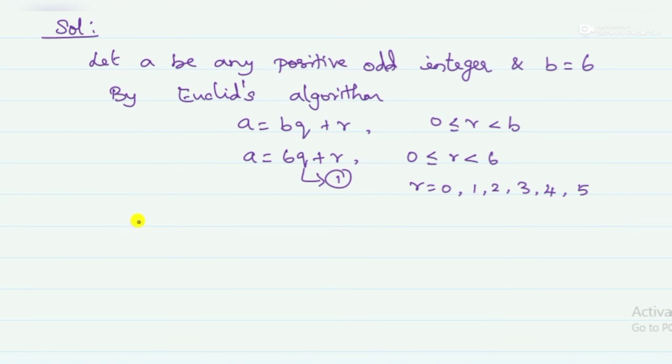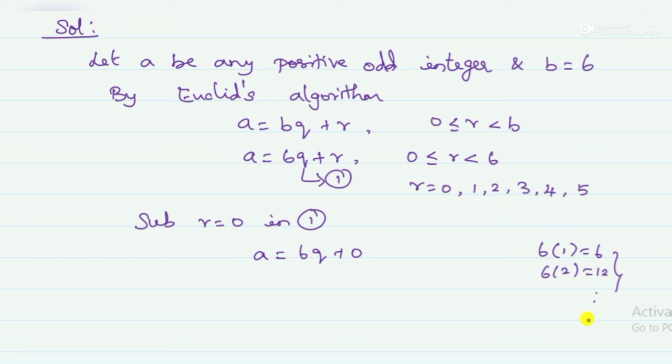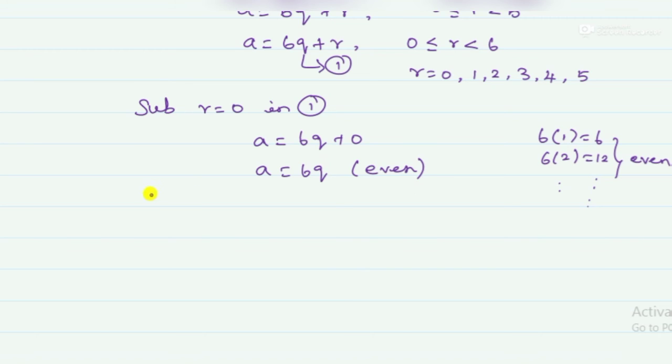Substitute r value as 0 in equation 1, so a equal to 6q plus 0. It becomes 6q. Any number multiplied by 6 will be even only. a equal to 6q is an even number. Now substitute r equal to 1 in 1. a equal to 6q plus 1.